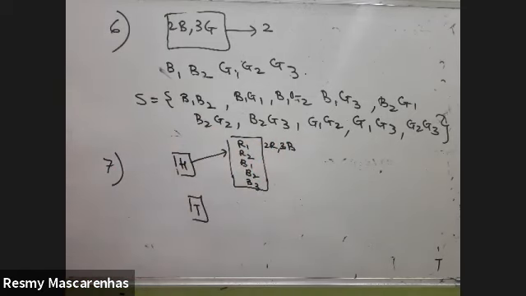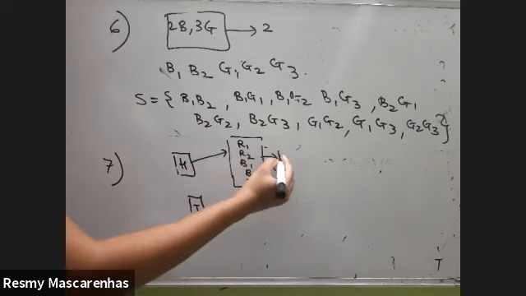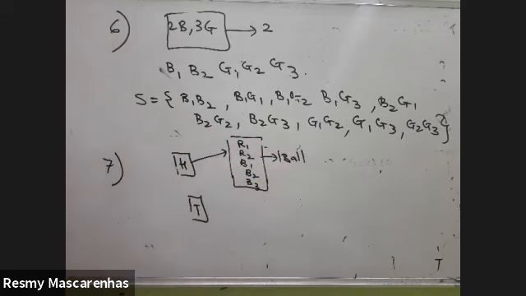So we have to pick one ball from here. So if it shows a head, we draw a ball from the bag consisting of two red and three black balls. Now this experiment is over.